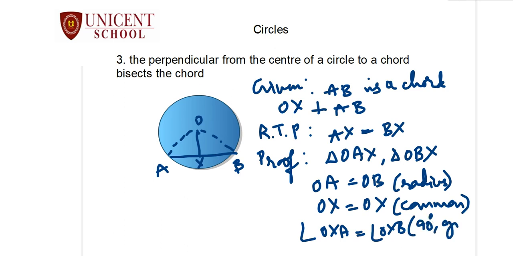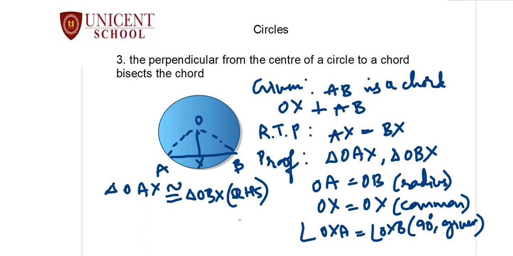That is already given. So triangle OAX is congruent to triangle OBX according to the RHS congruency rule. Therefore, according to CPCT, we get AX equals BX. Hence, we have proved that the perpendicular from the center of a circle to a chord bisects the chord.